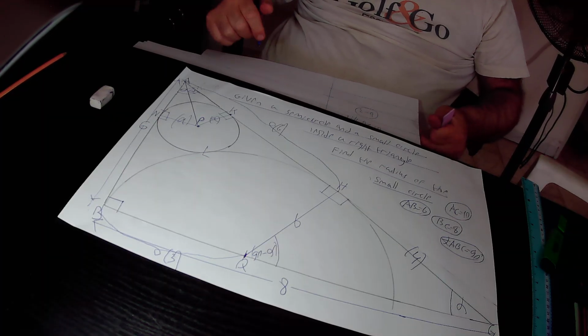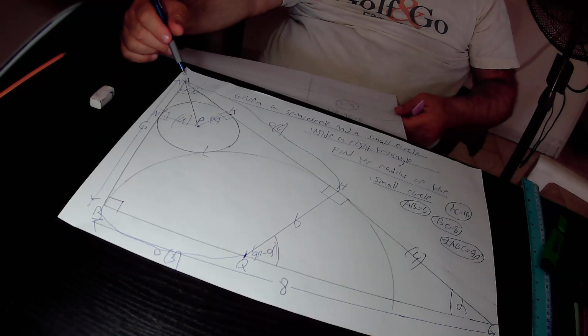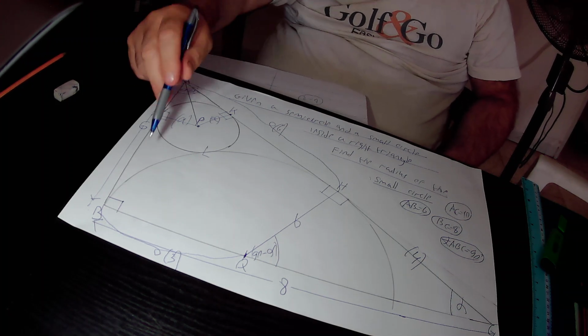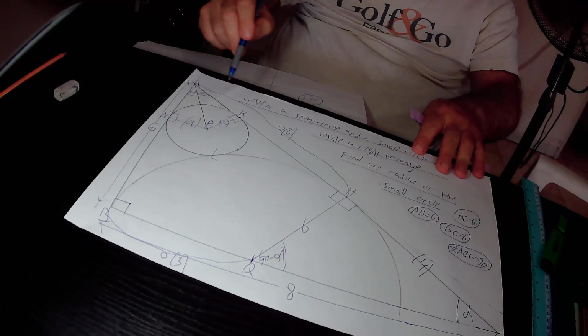Likewise, we will continue to focus on this common standpoint point A. From this common standpoint point A, we have two tangents to the big semicircle, tangent AB and tangent AH.